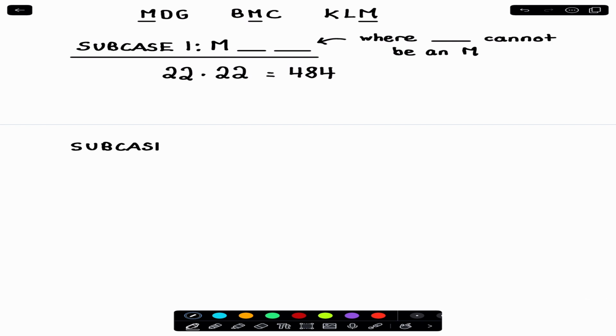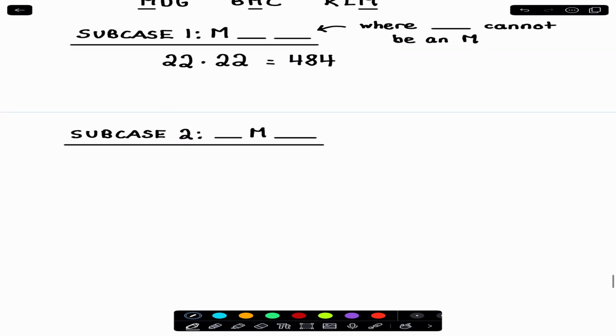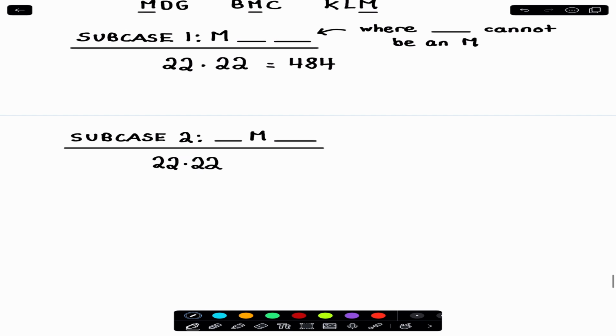And then we have another subcase, but it's pretty much the same thing. This time the M is in the middle, but we still have 22 choices for the first and third letter.